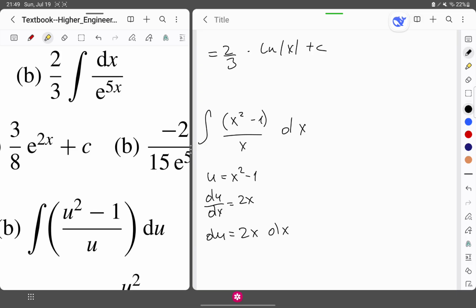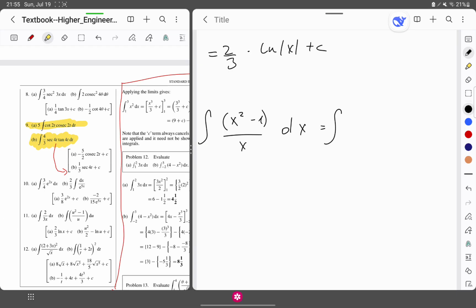If it doesn't work, it means that we should try something really different and easy. I think that we can write this like x squared over x. It will be integral of x dx minus integral of 1 over x dx, and it will be x squared over 2 minus ln x plus c, like this, I think.